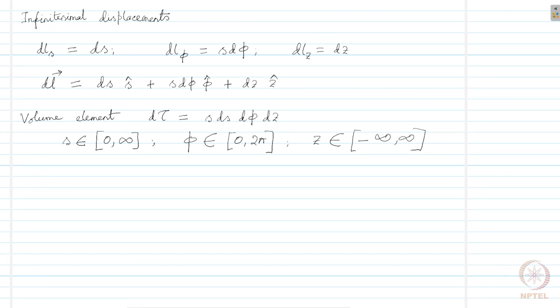Now, if we consider a surface element, let us draw a cylinder here, and if we consider a surface element on this cylindrical surface, then the distance is s from this axis, that is z axis, and we will rotate it by an element d phi.